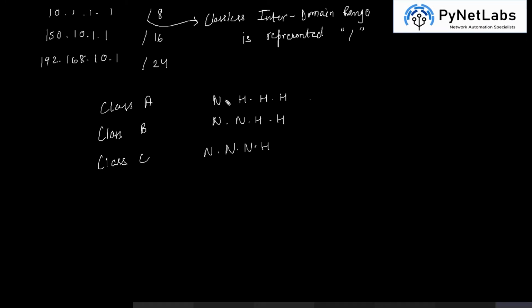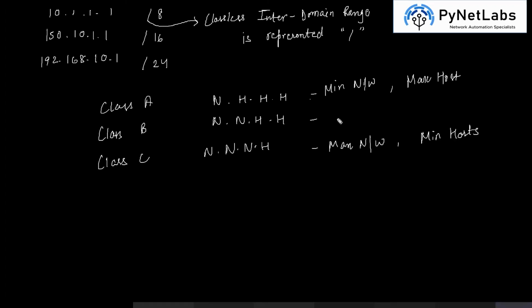When we look at the network bits of these classes, we can conclude that there are minimum networks in class A and maximum networks in class C. And when it comes to hosts, class A has the maximum hosts and class C has the minimum.